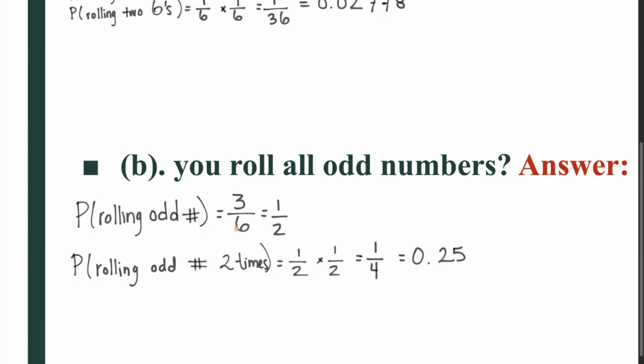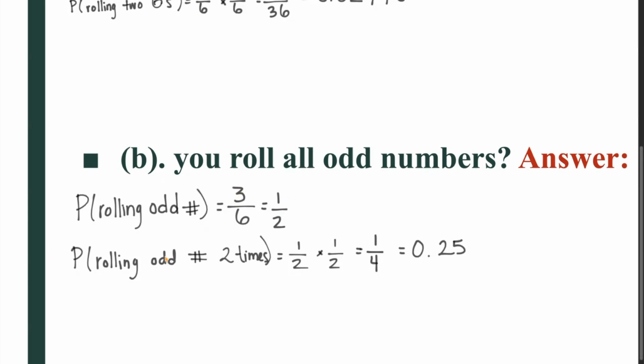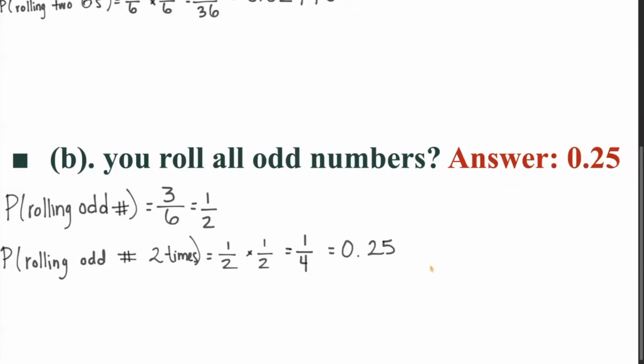If you simplify, 3/6 equals 1/2. But we're rolling this die twice, so we need the probability of rolling an odd number 2 times. We take the probability of rolling an odd number times the probability of rolling another odd number, which is 1/4, or 0.25.